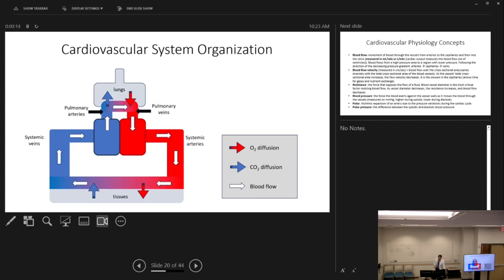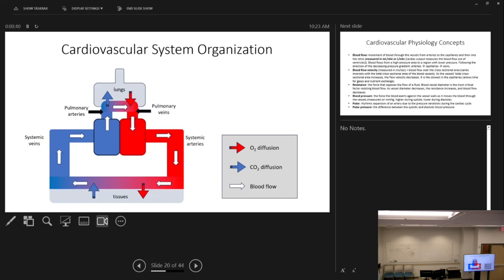Notice that the cardiovascular system can be studied as two separate hearts that deal with a different type of blood. The left side of the heart is the one that pumps the blood to the systemic circulation, after it receives the oxygenated blood from the lungs. That blood circulates through the systemic arteries towards different organs.